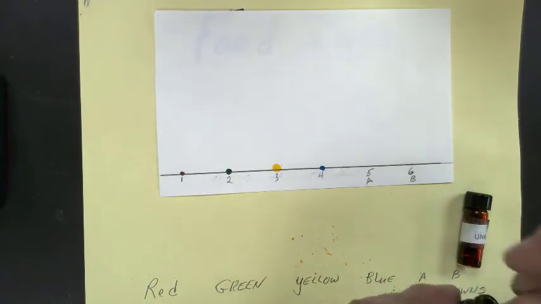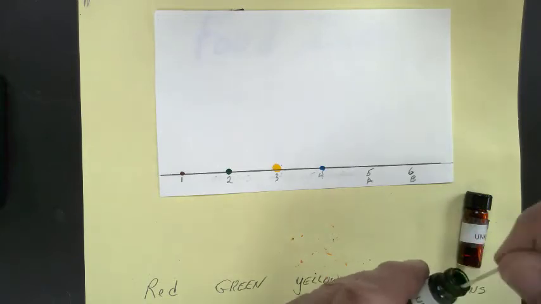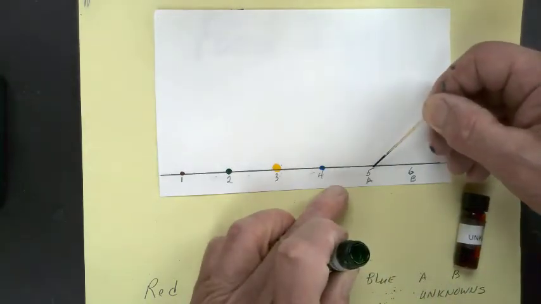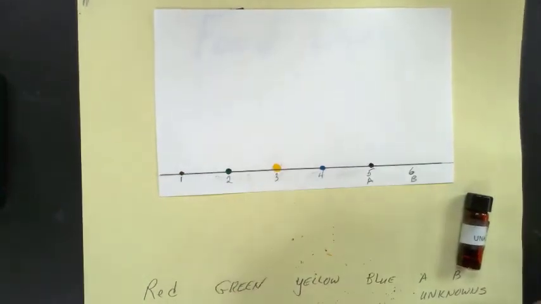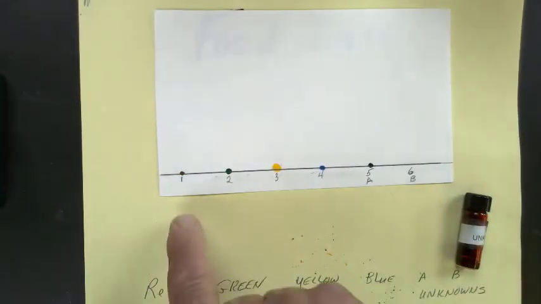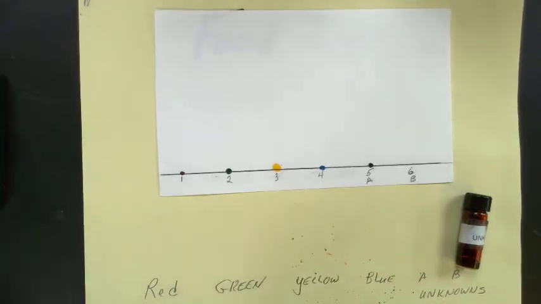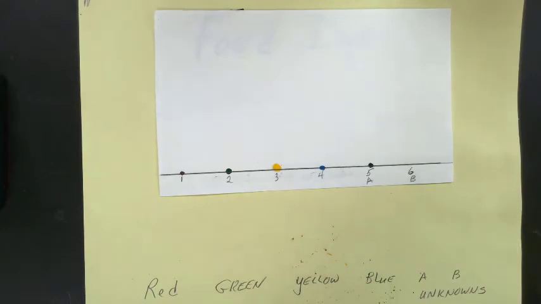This is unknown A. Now unknown A will contain one of these four, or a mixture of those four. That we know, and you're going to determine which ones they are.